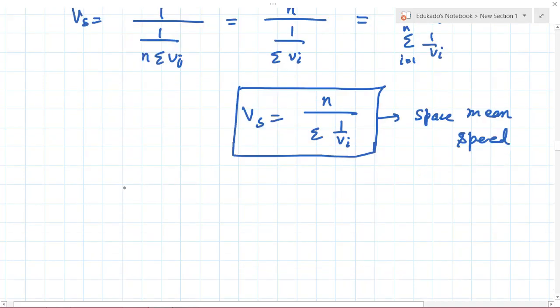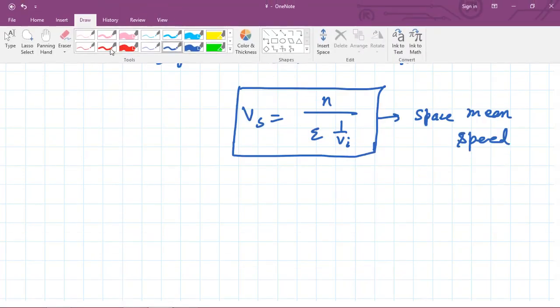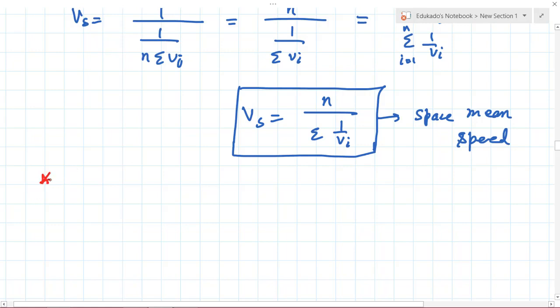Some of the key points that we should know for our computation are: the space mean speed Vs is always less than or equal to the time mean speed Vt.